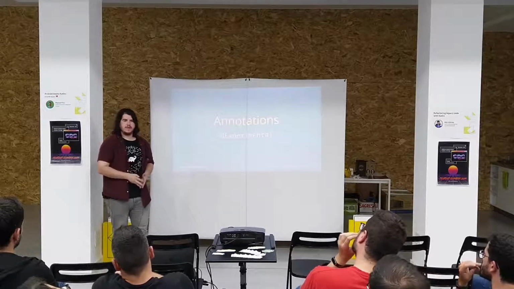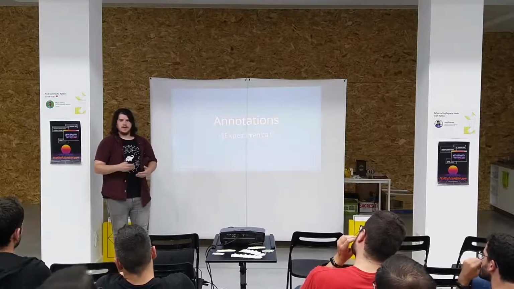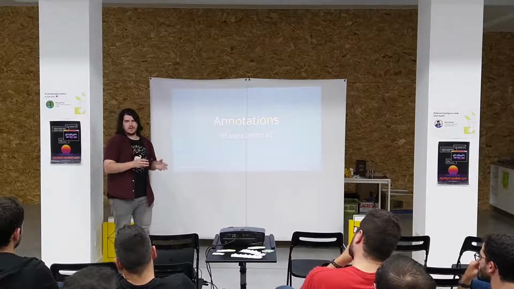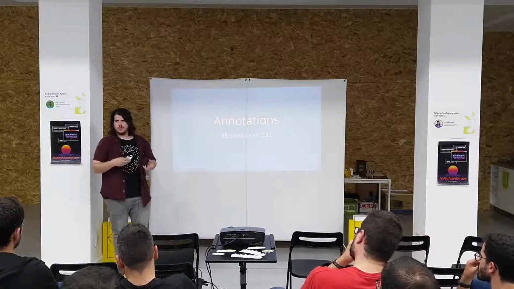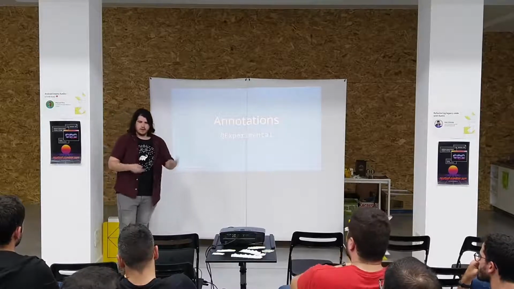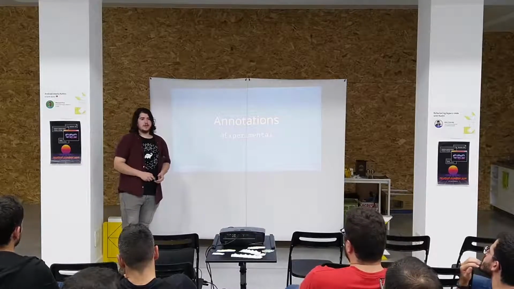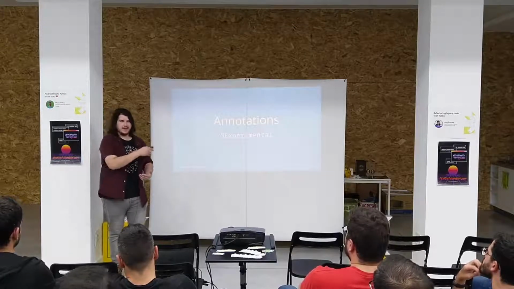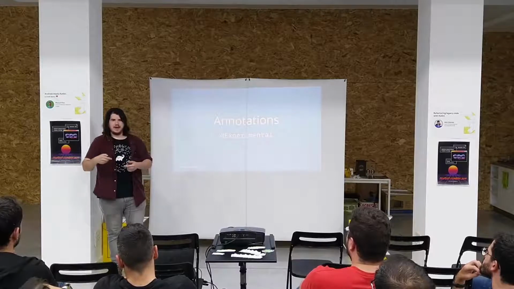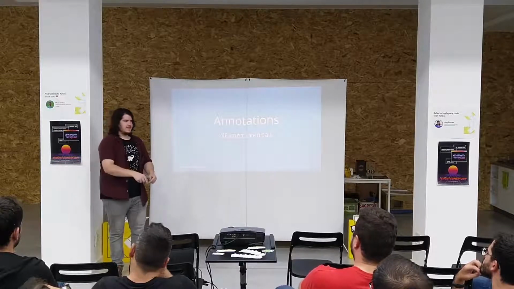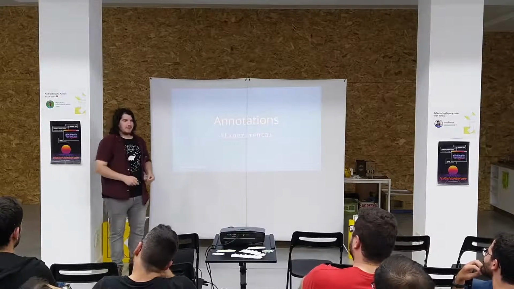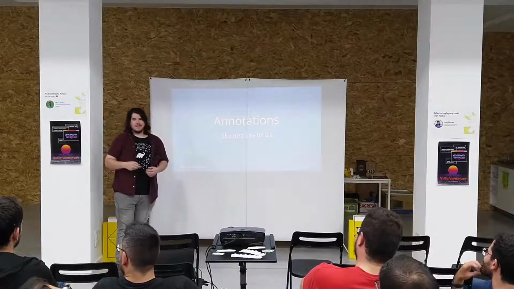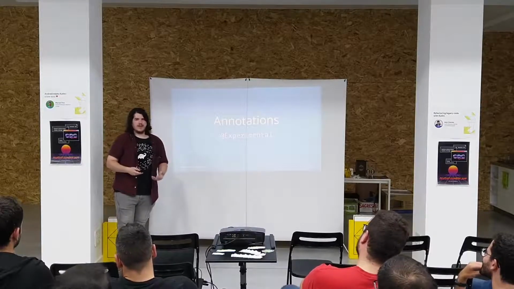There are 3 different experimental annotations, denoting whether it's just experimental, or obsolete, or internal, or flow, or however. And the nice thing about this is you can use this annotation yourself to create annotations annotated with this annotation, to annotate your own annotations, to annotate the classes that are not annotations. Which is a really nice way of modeling your SDK API.